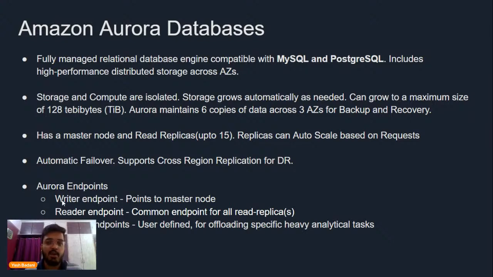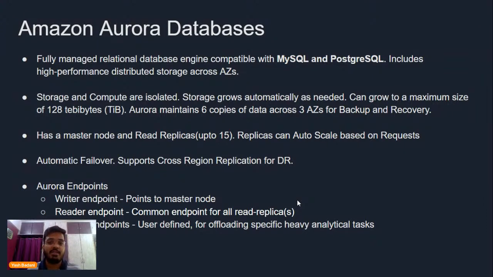There are Aurora endpoints. We have a writer endpoint, to which you point your master node. You have a reader endpoint, which is common for all the read replicas. So here comes the interesting part. Let's say you have 5 read replicas. You should not use separate endpoints for those 5 read replicas. The reason being, let's say you have downstream applications which are trying to read data quite often, and there is no writing as such from those downstream applications, but you expect minimal latency from them.